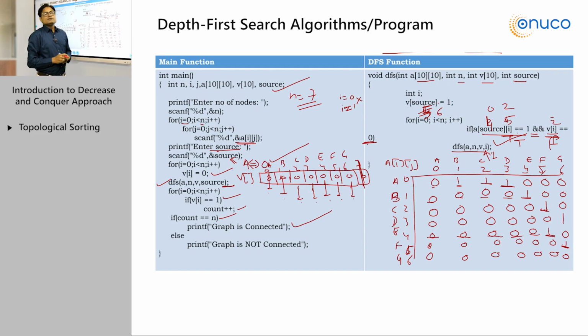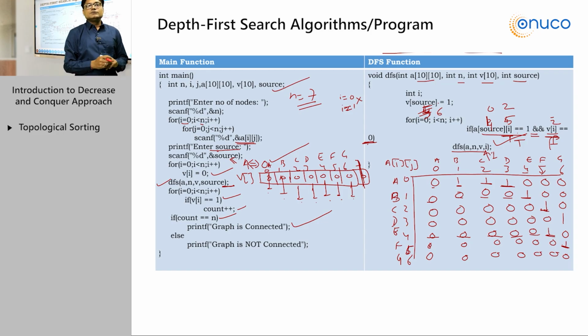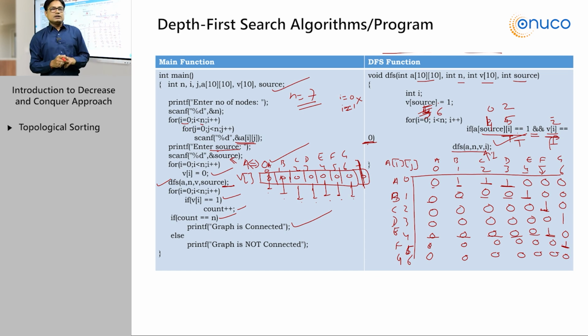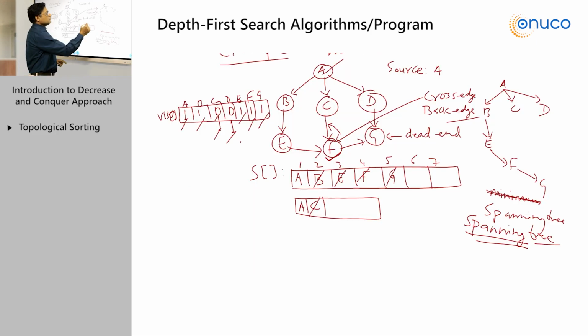Remember that if the number of visited nodes, the count value, is lesser than the total number of vertices given in the graph, then we can say that the graph is not connected. Look here, 1, 2, 3, 4, 5, 6, 7. Hence the graph is connected.